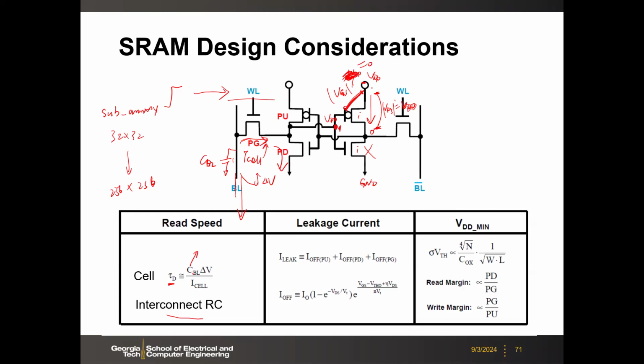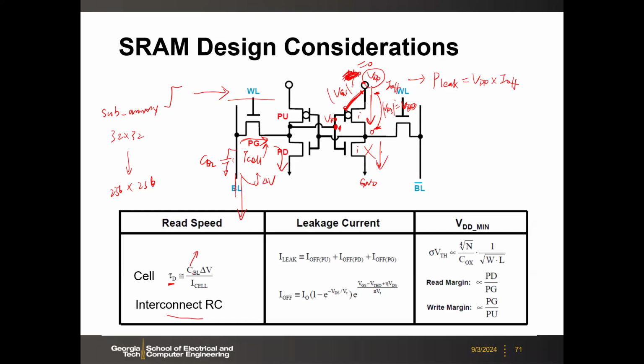Then you have the off current. The off current is due to the subthreshold leakage. So this I off is coming out from the power supply VDD. That will give you the leakage power, VDD times I off, for this branch.